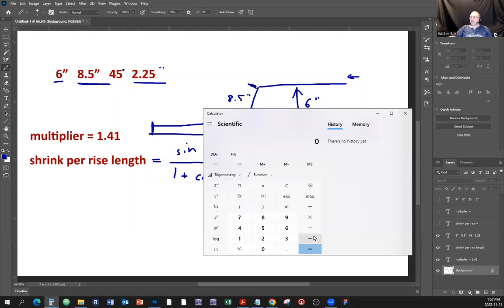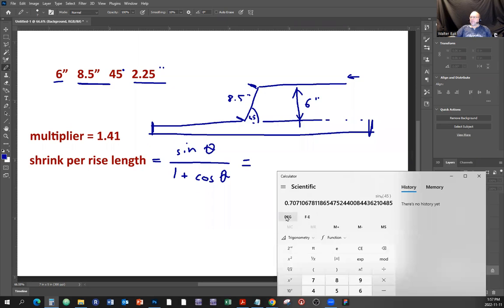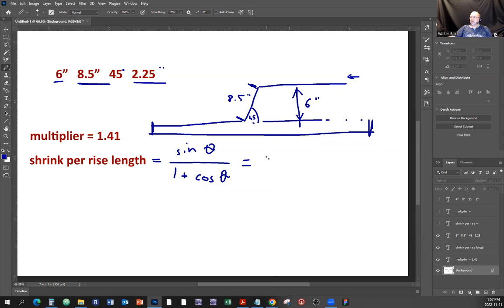Is it 0.707? Let's verify it. 45 degrees, sine 0.707. So we put that in here. 0.707 divided by 1 plus the cosine of the 45 degrees angle, and that's going to be funny.